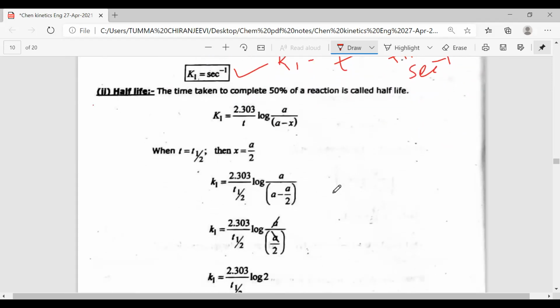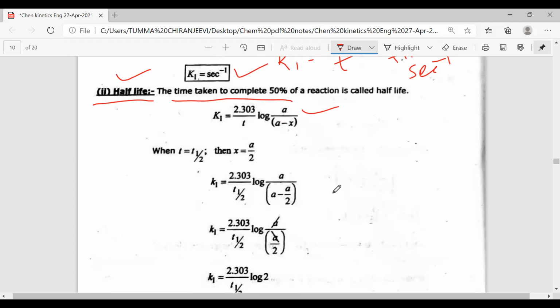And next one, half-life. We have to find out the half-life equation for the first order reaction. Half-life means the time taken to complete 50% of the reaction. That is known as half-life. To find out the half-life equation, by using the first order rate equation, we can easily find out the half-life time.